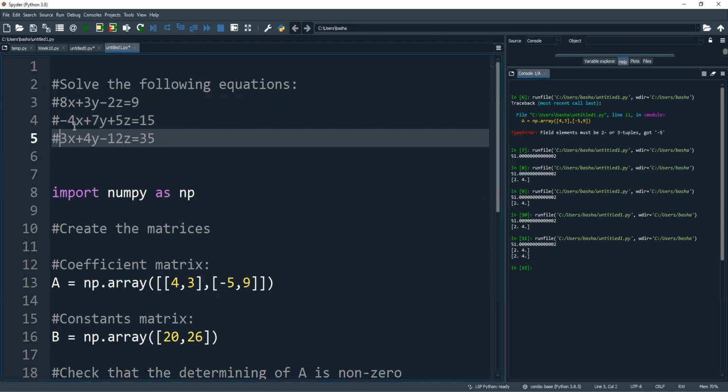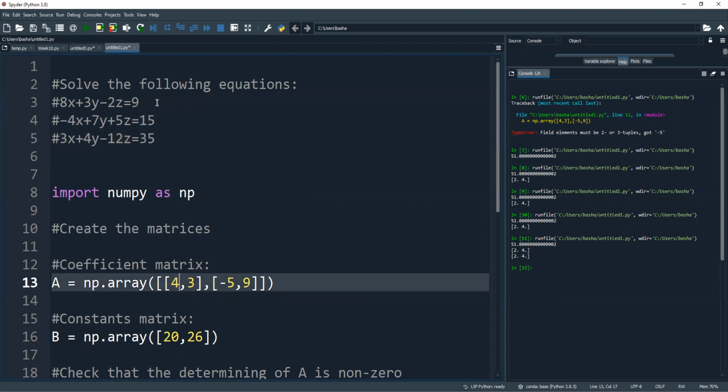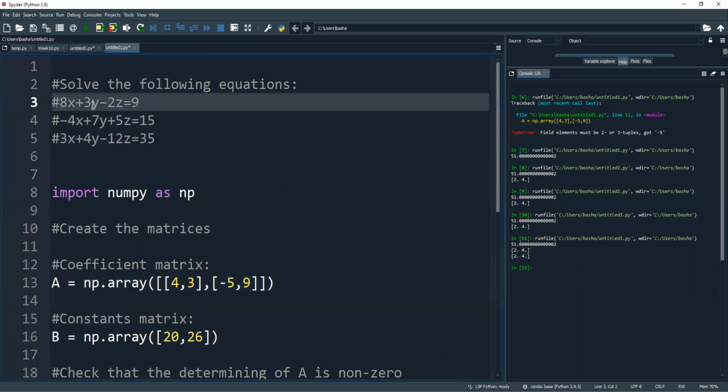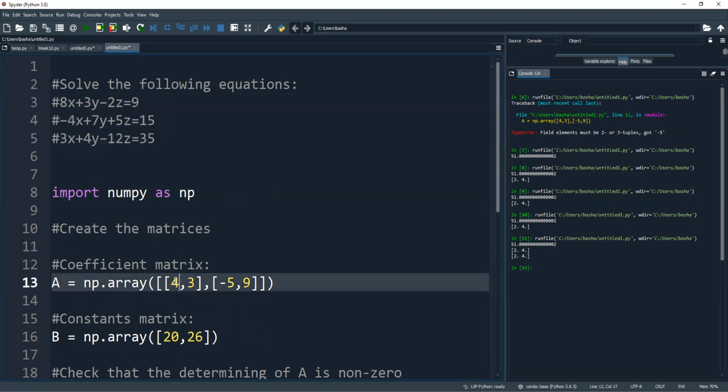So here I have 8x + 3y - 2z = 9, -4x + 7y + 5z = 15, 3x + 4y - 12z = 35. So what I'm going to do is change the coefficient matrix to include these coefficients. My coefficient matrix, first row, has 8, 3, -2. So I'm going to change this to 8, 3, -2.